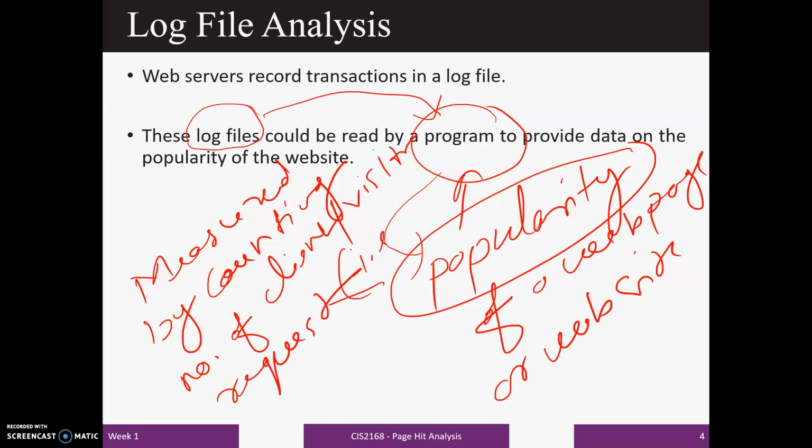In other words, we call it the number of hits on the website or on the web page. So the popularity will be decided based on the number of hits on the website or on the web page.